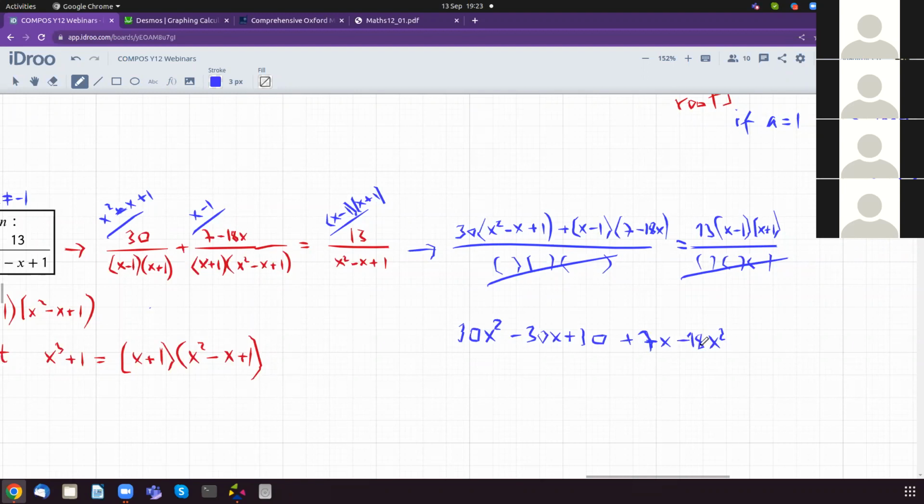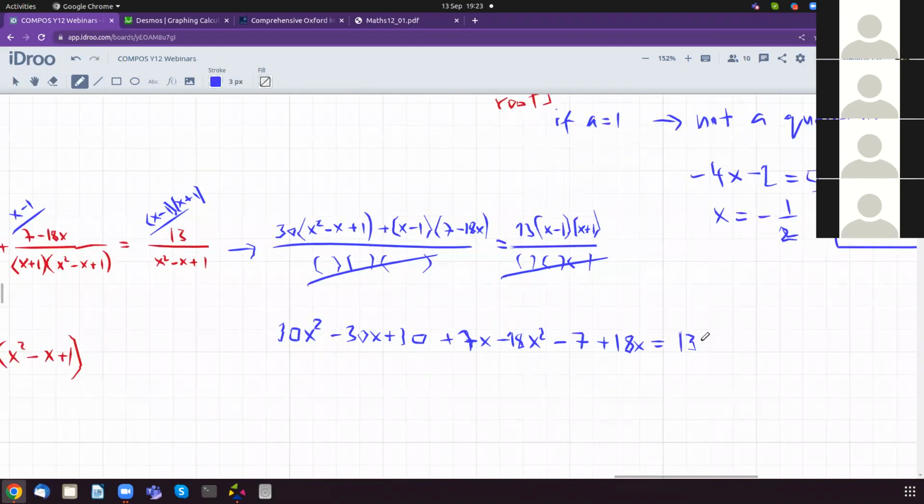Yeah, the possible domain. 7x minus 18x squared minus 7 plus 18x equals, well, it's a quadratic equation, and I believe you know how to solve it.